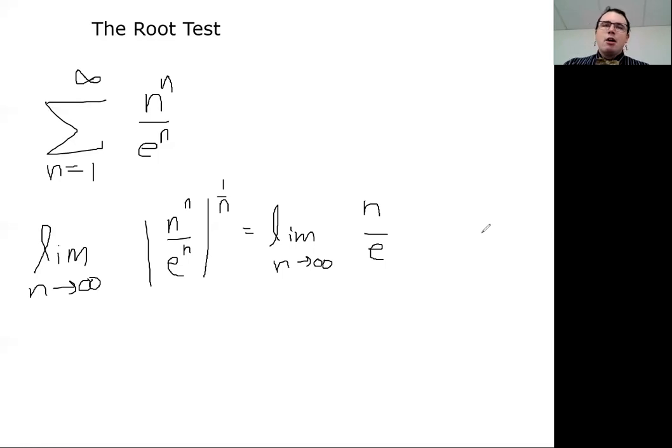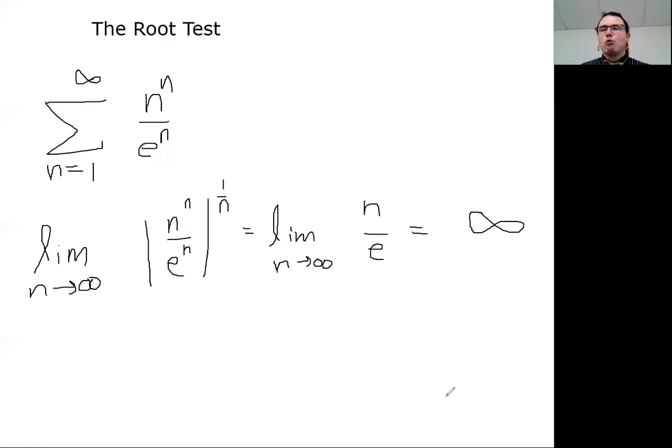Okay, well, my numerator, n, is going to positive infinity. My denominator, e, is just a constant, right? e is just an irrational number slightly bigger than 2. So this limit is going to be infinite. It's going to go to positive infinity.